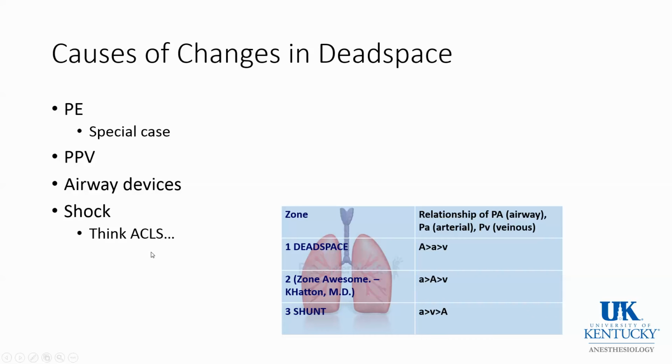And that kind of makes things more apparent. So if you have a PE, that's a special case, we'll talk about that in a minute. But if you have a PE and you occlude part of the vasculature, you're going to have an area that is ventilated without perfusion. The perfusion is cut off. Dead space is dead. It's not getting perfused.